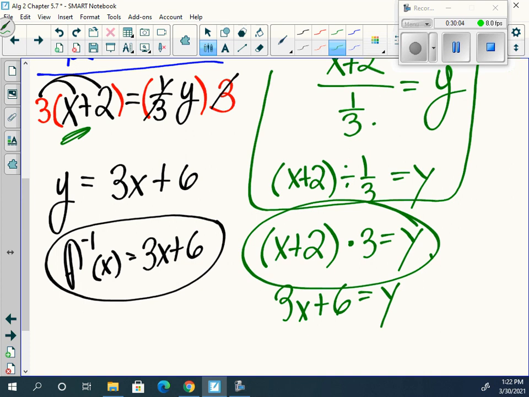Now, it does work out if we had 2/3 instead of 1/3, we would have just multiplied everything by 3/2, because we can flip it and multiply just fine. Any questions on this here? Okay.